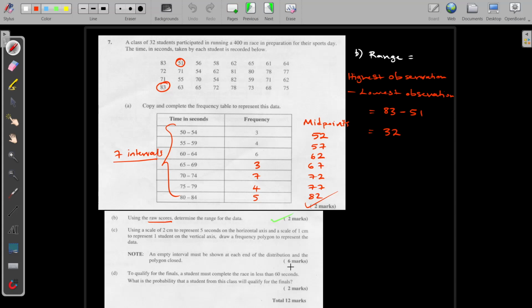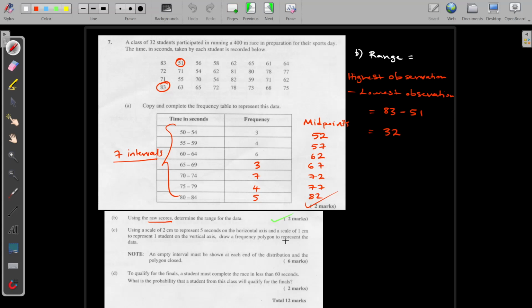We need to look at the number of students who finished the race before 60 seconds. So which interval would we stop at? The second one, because it says before 60 seconds.